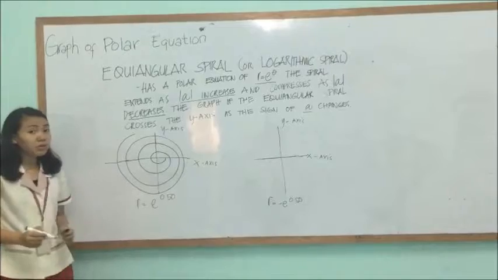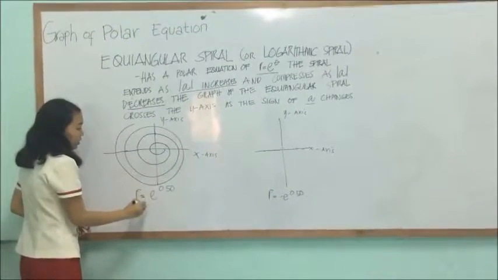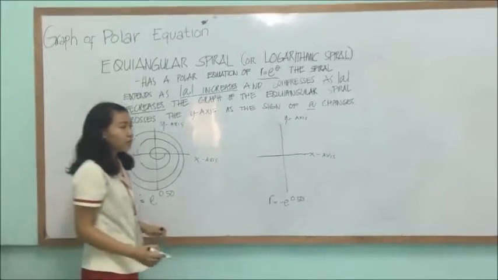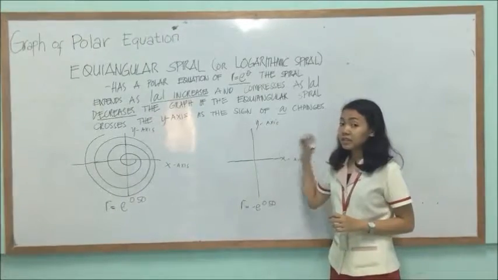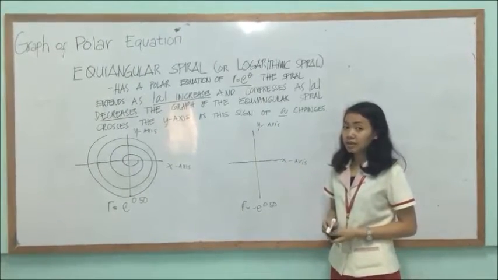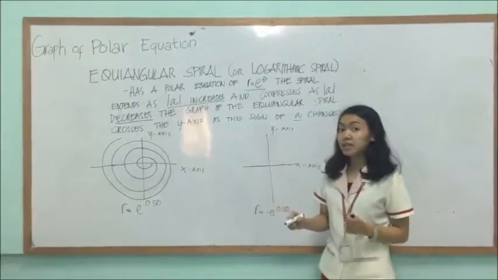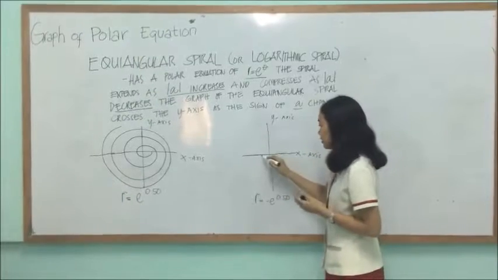And the formula used is r equals e to the power of 0.50 theta. Another graph is when a decreases, so the graph is compressed. When a is negative, the graph turns to the left.